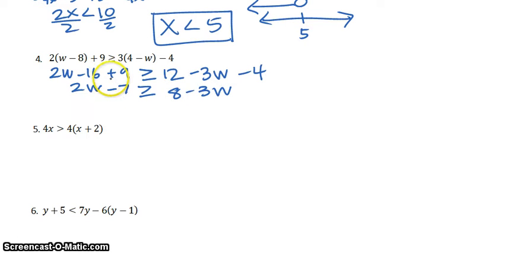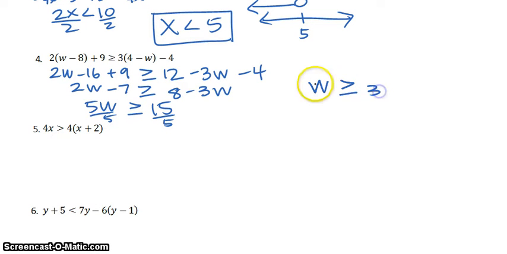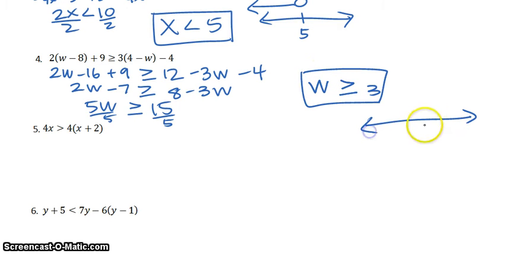I'm going to add the 3w over here to get 5w, add the 7 over here to get 15, divide by 5. So w is greater than or equal to 3. Okay, so closed circle to the right.